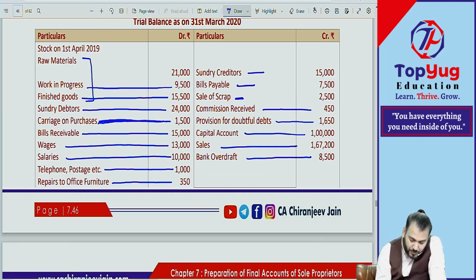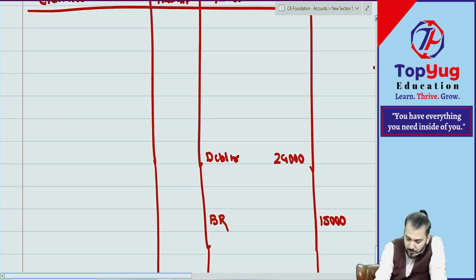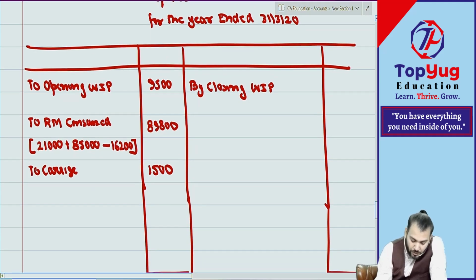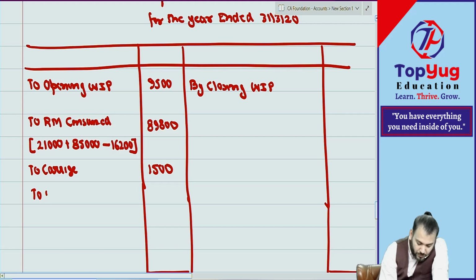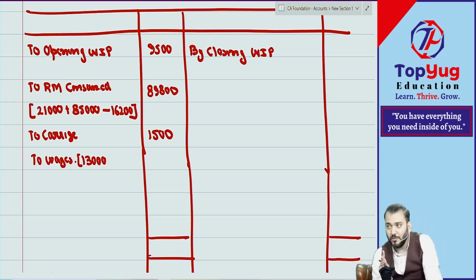Then what? Wages. Wages there is some adjustment, na? So two wages. Tell me, how much paid? How much given? And how much outstanding? Outstanding 2,000. So what will we do?